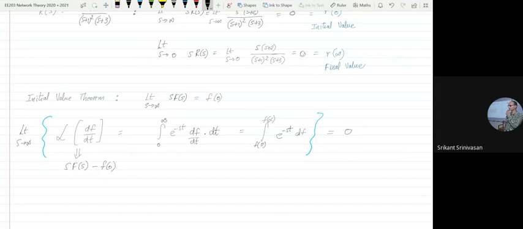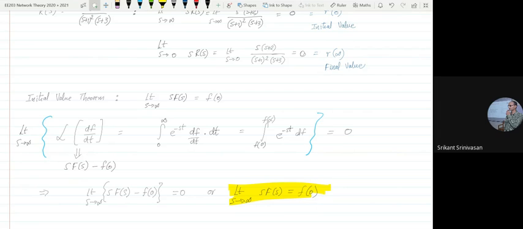That means, in conclusion, limit as s tends to infinity, s F(s) minus f(0) is equal to 0, right? So the left side is in the Laplace domain, the right side is in the time domain. So this is how we got the initial value theorem.